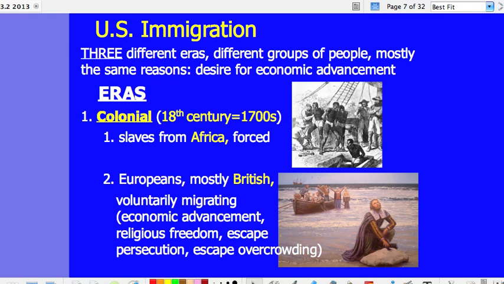There was religious freedom as the Pilgrims were escaping persecution, and again, just escaping overcrowdedness. So this is the first era of U.S. migration, the Colonial Era. African slaves forced to migrate, and British who were escaping this overcrowded country because of the Industrial Revolution, looking for economic advancement.